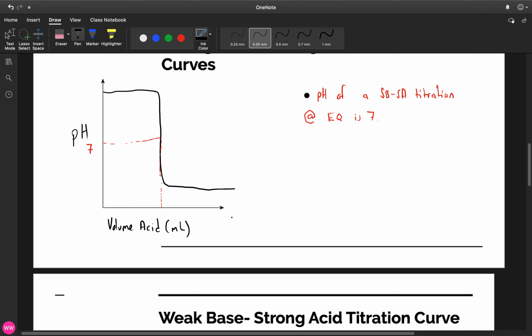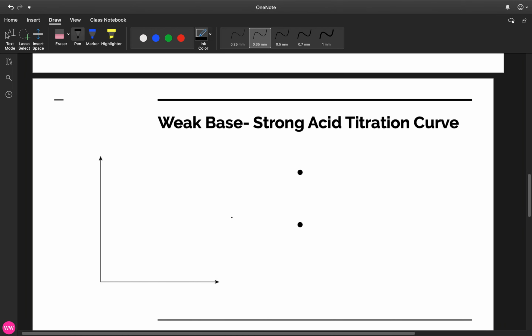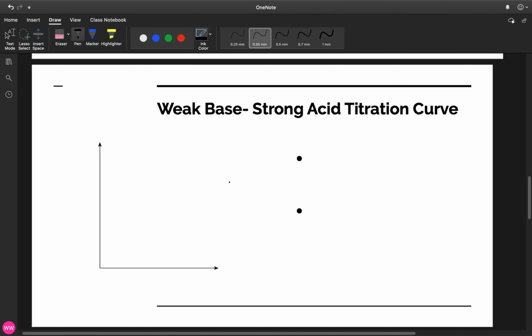All right, so moving along, we're going to look also at weak base, strong acid titration curves. These look very similar to above, where we start off with a high pH, plotting the pH versus the volume of the acid in this situation.